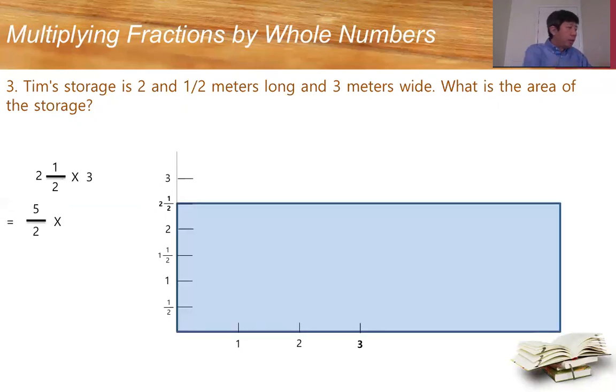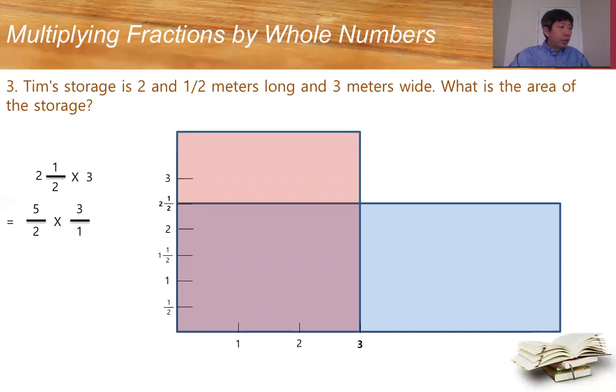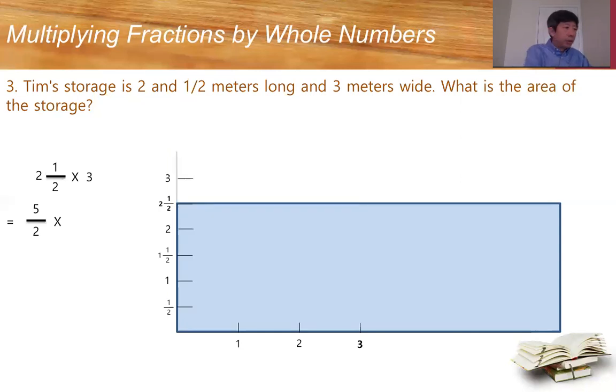So again, here, procedurally, we change 2.5 into an improper fraction, 5/2, and then times 3, okay? So therefore, let's go back to here.